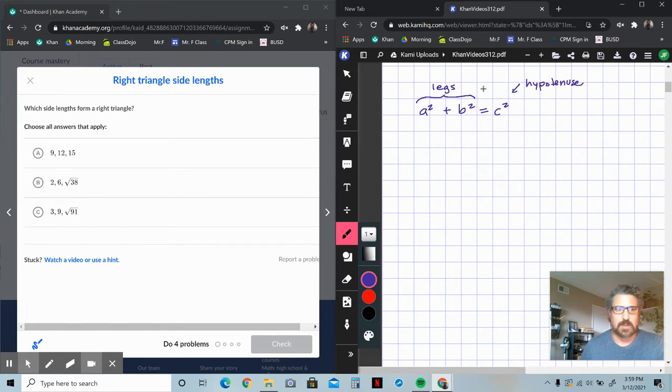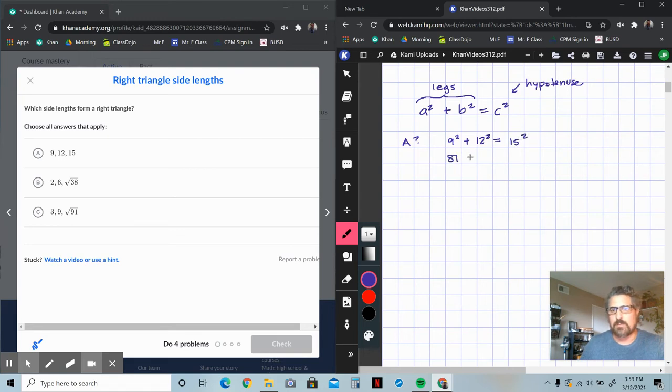It's that simple. So when you're looking at these ones here, all you're really checking is, for A, you're investigating A. And you're saying, is the longest side, the hypotenuse, squared equal to the two smaller sides squared and added together? So in this case, is 9 squared plus 12 squared equal to 15 squared?